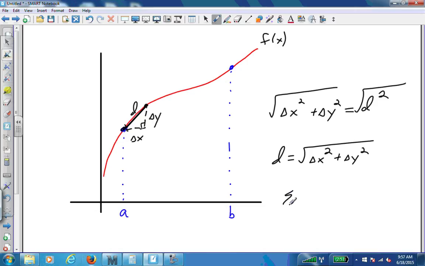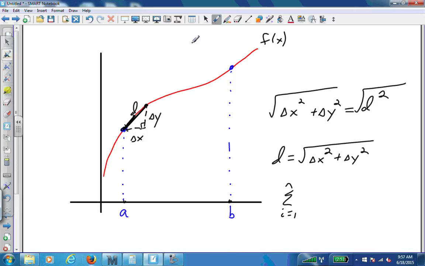We're going to add those up from one side to the other, from A to B, and the closer and closer we let these points get, the more accurate our calculation is going to be.